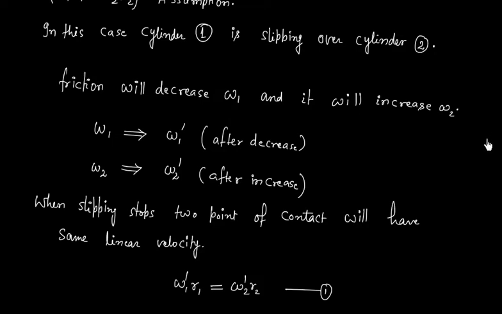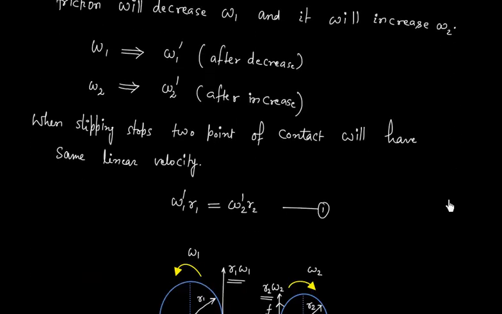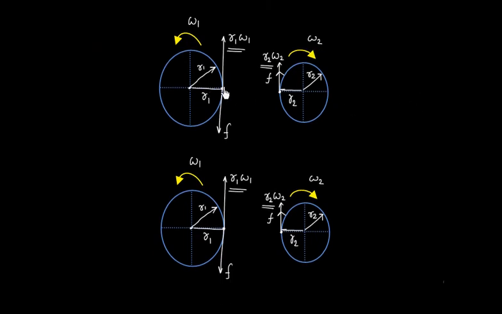We can show the same situation again. So we can draw the same diagram again. So we have this diagram. Initially we have omega 1 and omega 2. Finally it will become omega 1 dash, and this becomes omega 2 dash.